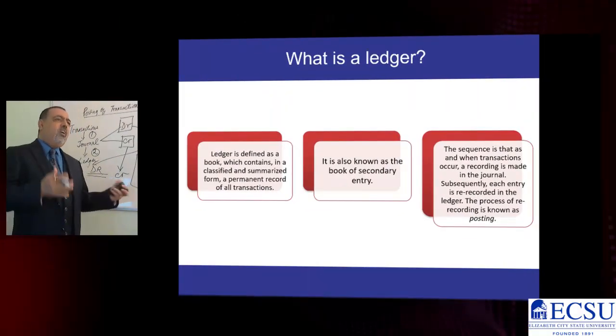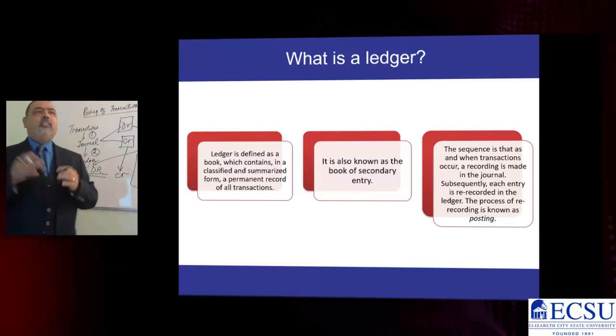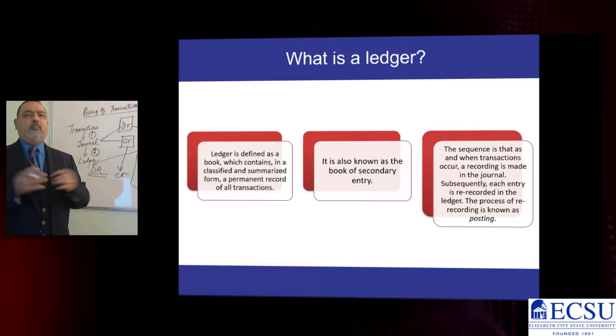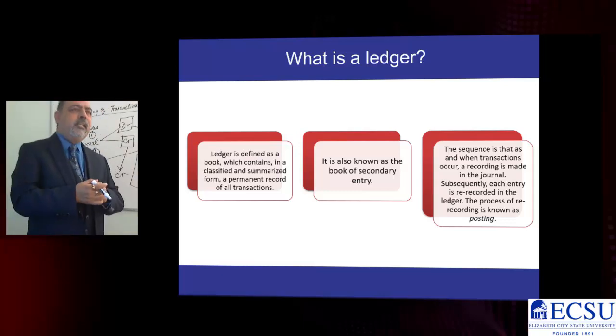So we saw what we do in the journal. We journalize all the transactions in chronological order as they happen on the date. Now, once you have all those journals, supposing the manager comes to you and asks, what was the total sales for the last 15 days?